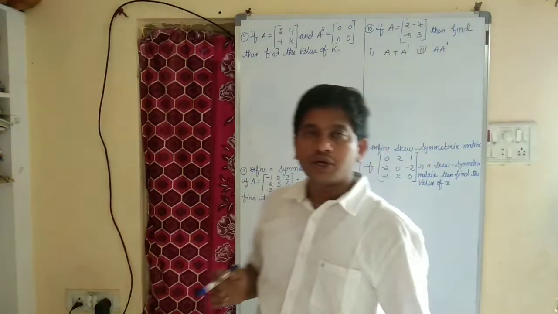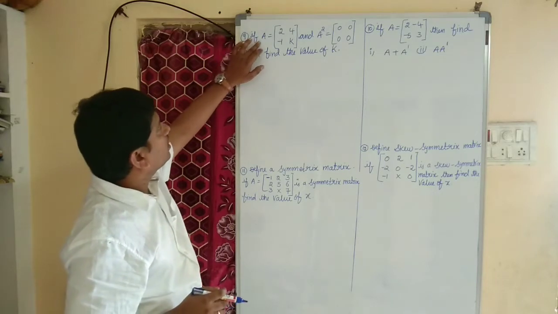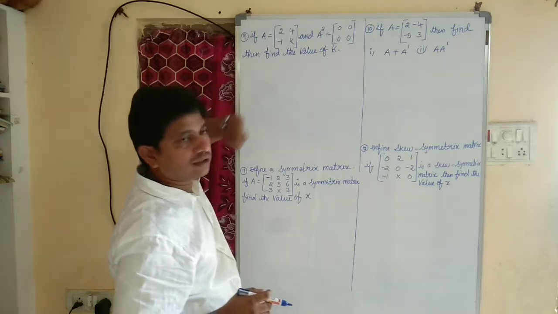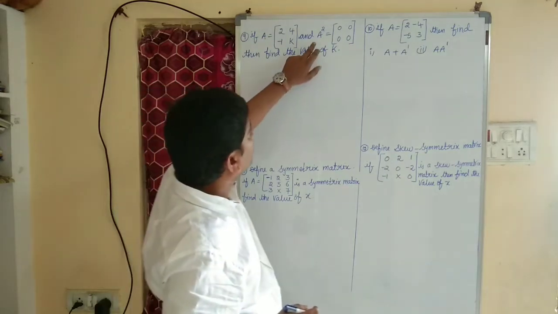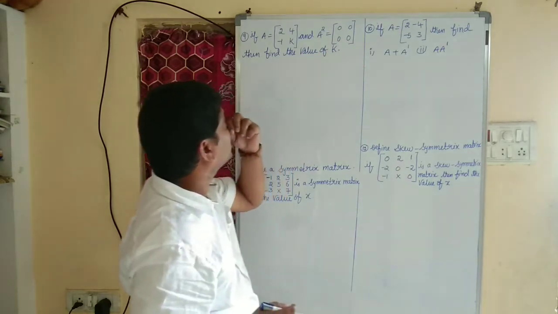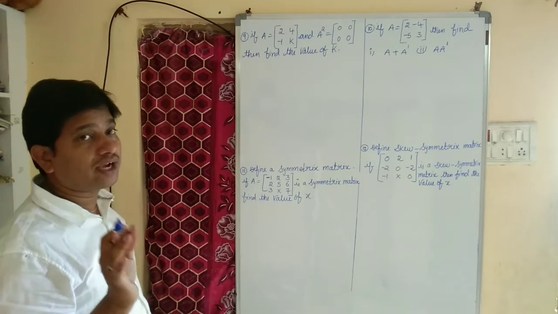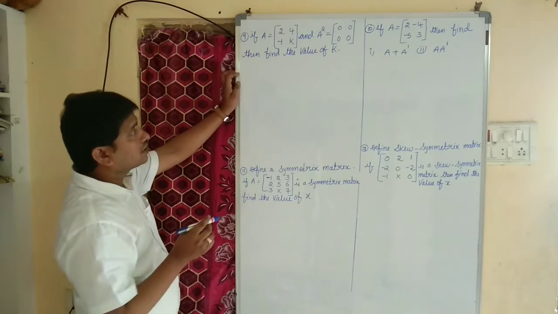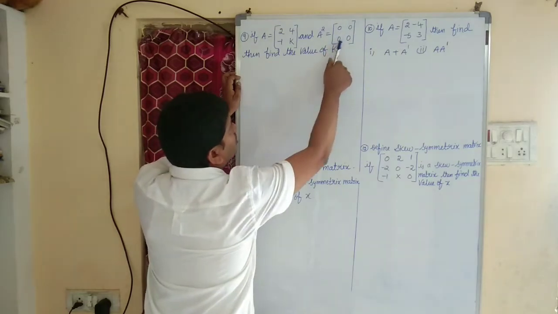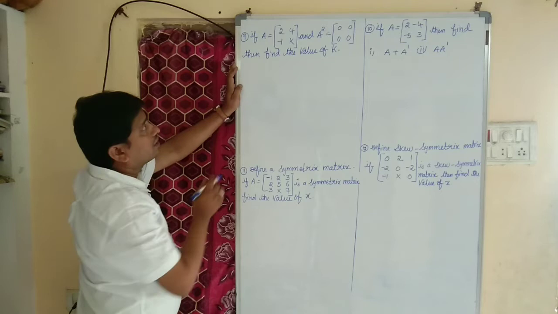Okay. Now coming to the 9th question. If A equal to [2, 4; -1, k] and A square equal to [0, 0; 0, 0], then find the value of k. They are asking to find the value of k. See, they have given A square equal to [0, 0; 0, 0], which is a 0 matrix, right?